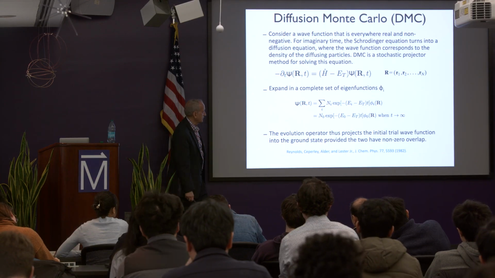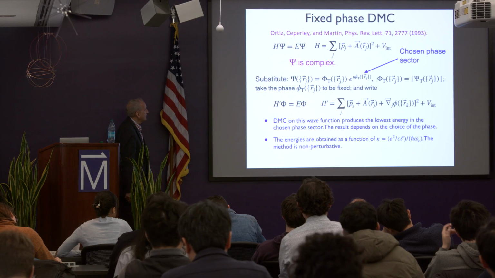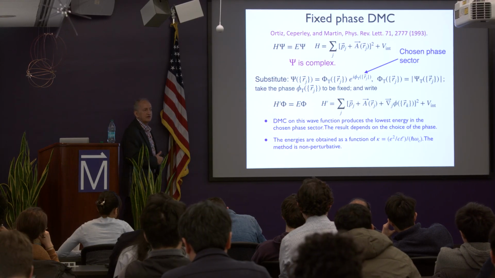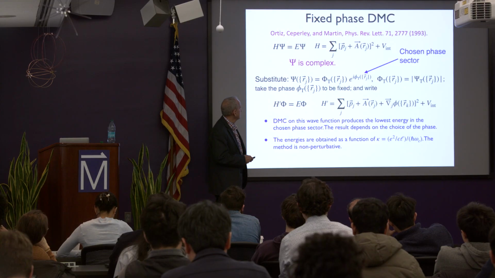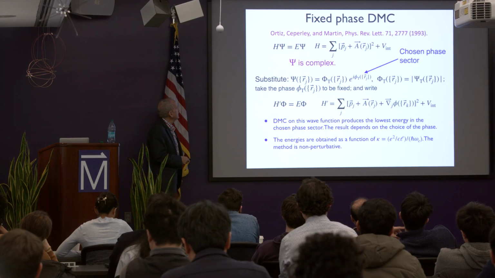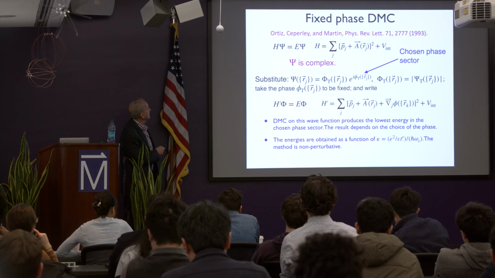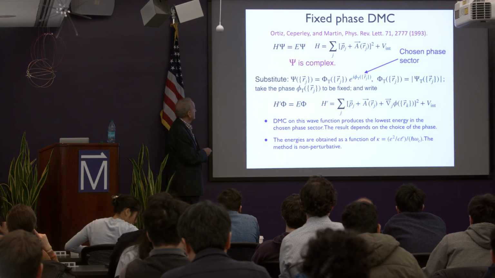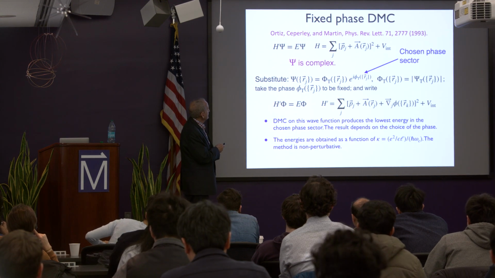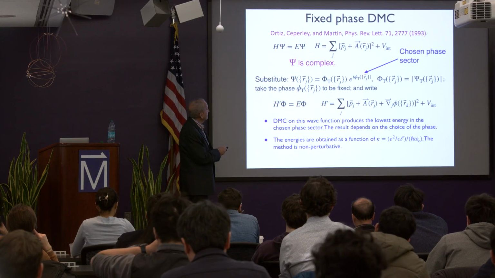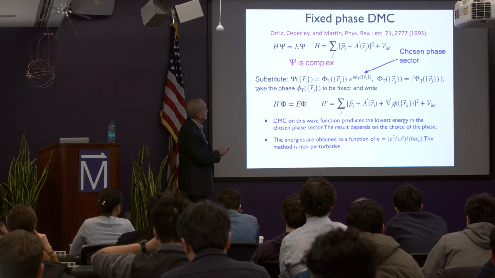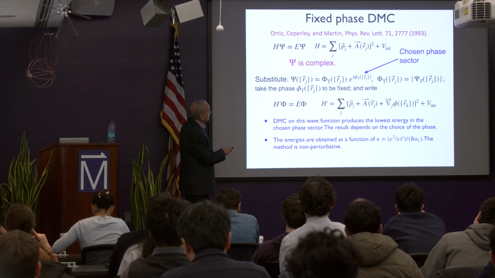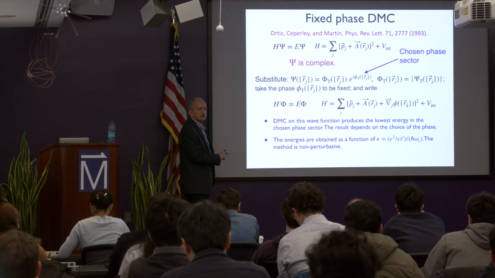All others fall out. Now, in the fractional Hall effect, the wave function is complex. It's certainly not real and non-negative everywhere. So here, a pretty remarkable trick was developed by Gerardo Ortiz. Very clever. They said, well, let's assume some wave function. Let's write it as a modulus times a phase factor. And then furthermore, let's assume that the phase factor does not change.